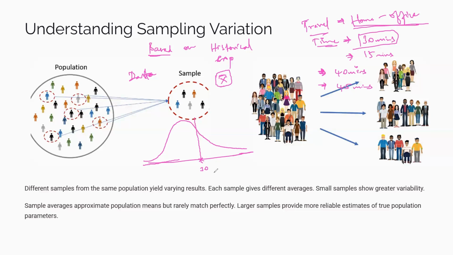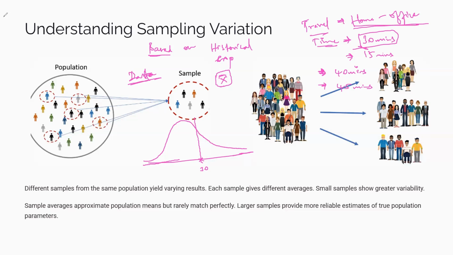Are you sure you're going to exactly reach at 30 minutes? You said 30 minutes based on your past data, right? But in the historical scenarios, did you reach exactly at 30 minutes on every day basis? No. It's an average.